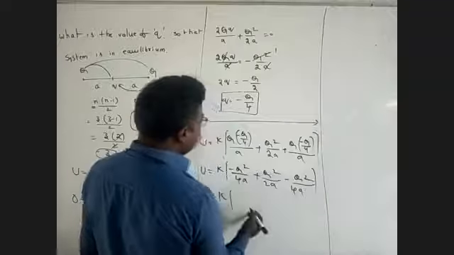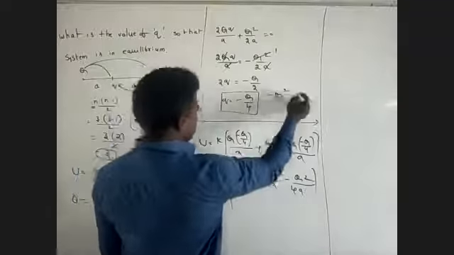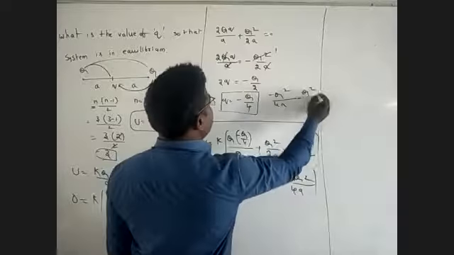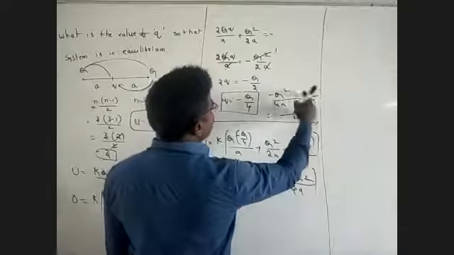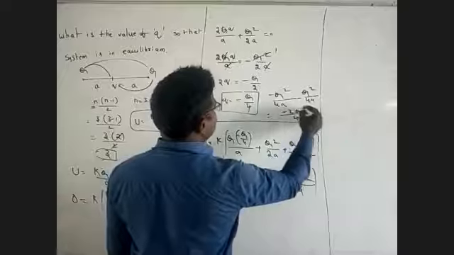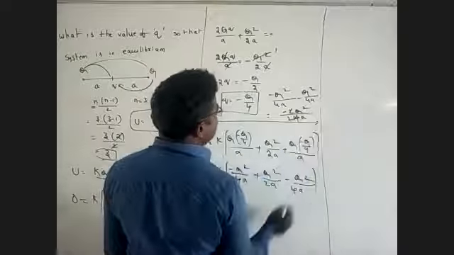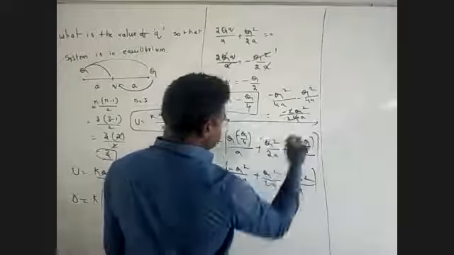Taking LCM 4A, we get minus Q square minus Q square, that is minus 2Q square by 4A. The 2s cancel, giving minus Q square by 2A.